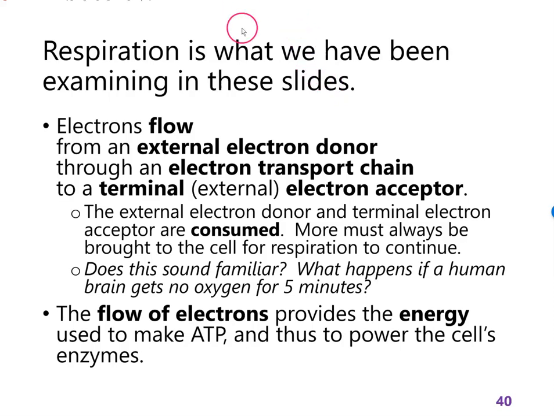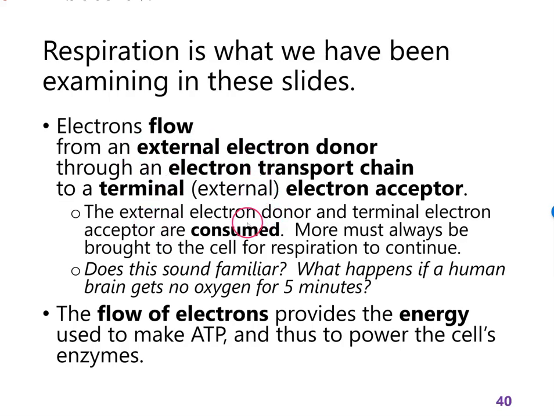For this to work, there must be an electron donor that gets consumed, something like glucose that a cell eats, so to speak, and then a terminal electron acceptor that also gets consumed, something like oxygen. Both of these things must continually be consumed by the cell for this to keep going.